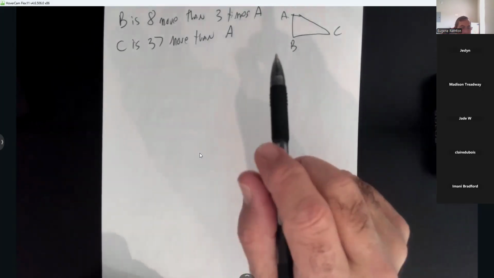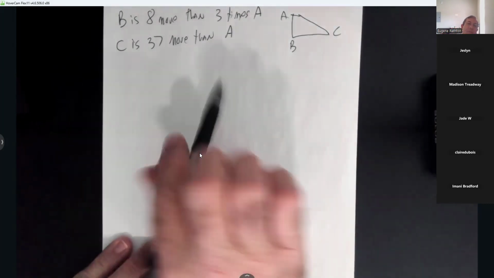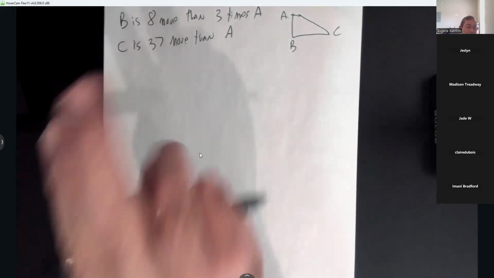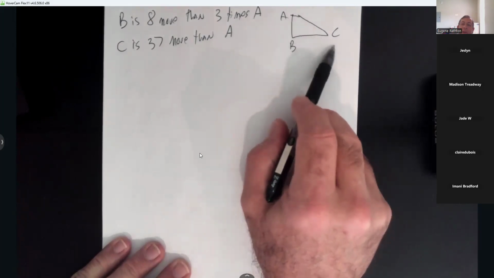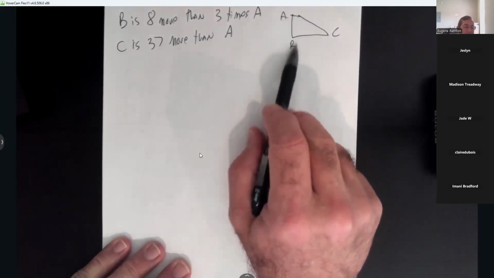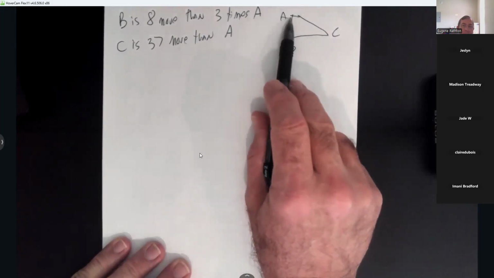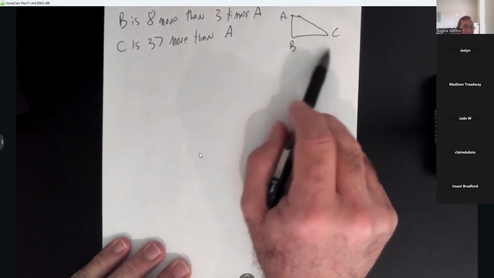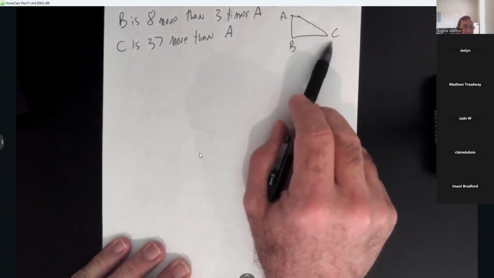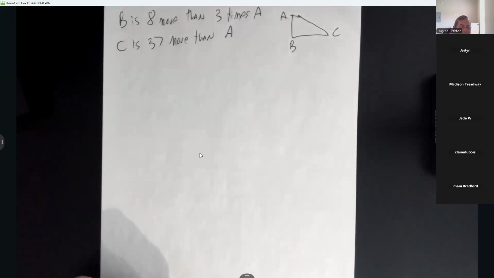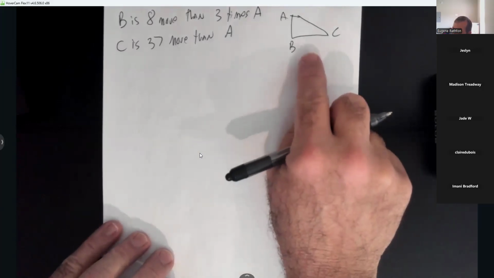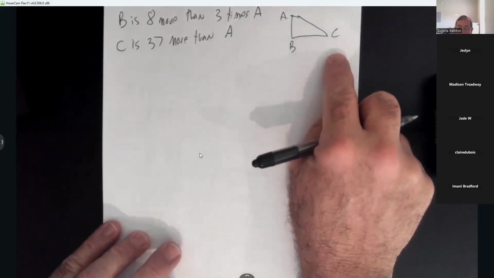So y'all, let me ask y'all. They gave me 2 equations. I need my third one. So what do y'all know about these 3 angles on a triangle? They equal 180. Good job. So we know that A plus B plus C equals 180.